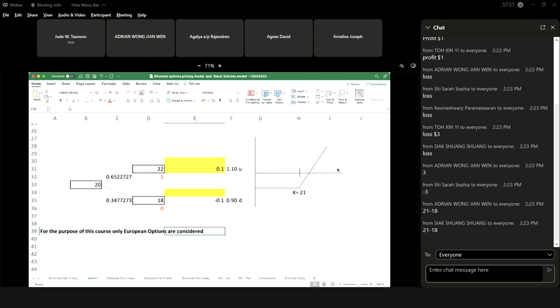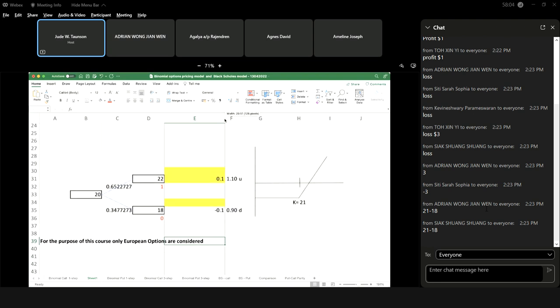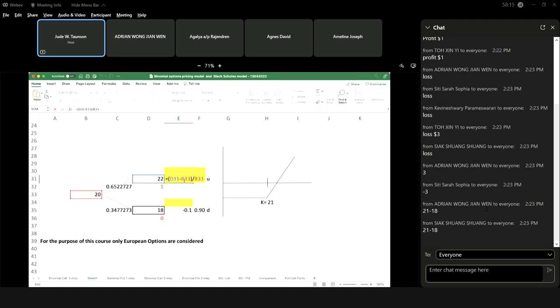Someone asked a private message. So I repeat one more time: how do I get 1.1 and negative 0.1? This is the return: price today minus yesterday divided by yesterday. I get 0.1. Similarly, you get negative 0.1.